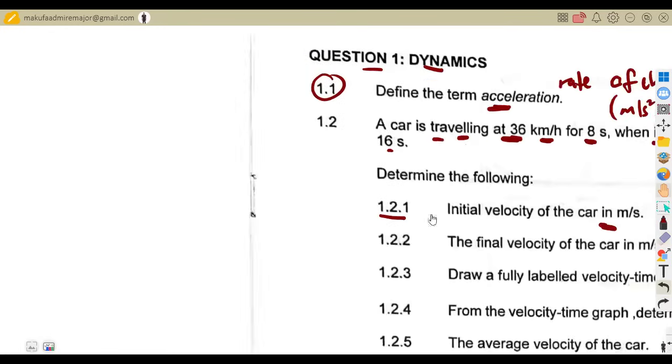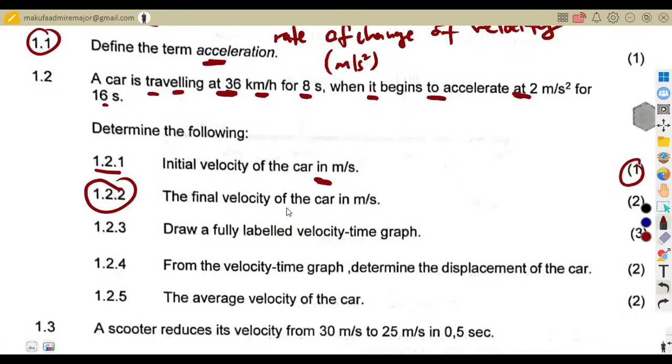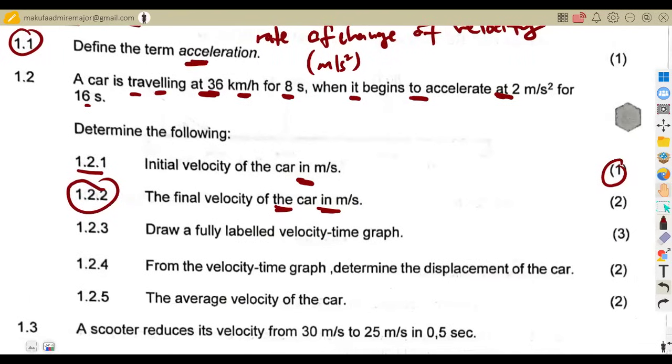Then on 1.2.2, they're now asking for the final velocity of the car in meters per second. If you check here, this car actually moved in 2 stages. The first stage, it was traveling at 36 kilometers per hour, which is 10 meters per second, for 8 seconds.